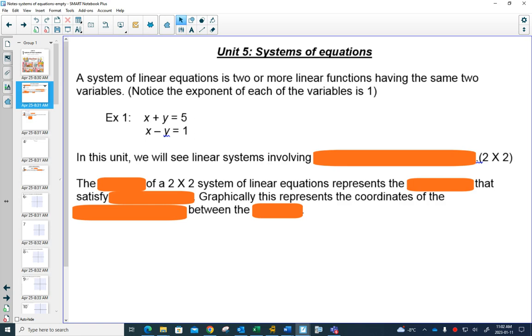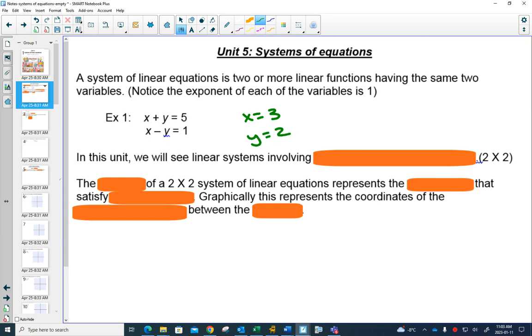Okay, let's just do some guessing and checking though. Can anybody see numbers that make this work? Where you're adding them together, x plus y, and you get 5, and if you subtract them, you get 1. So if x is 3 and y is 2, does it work?